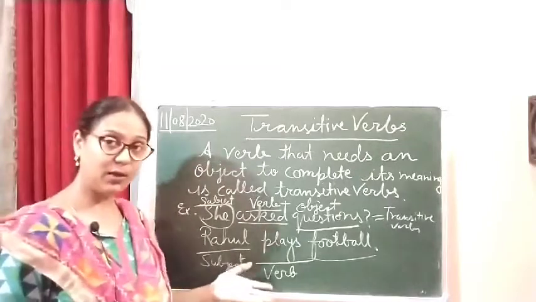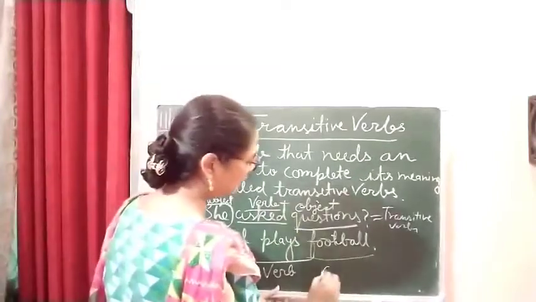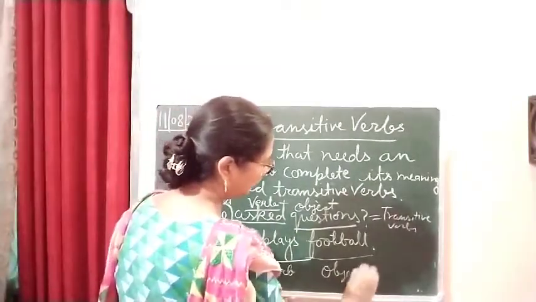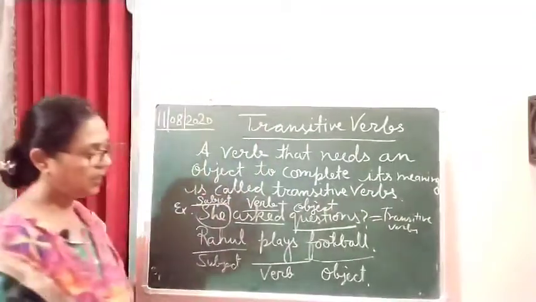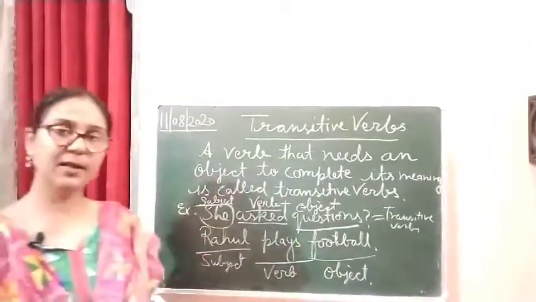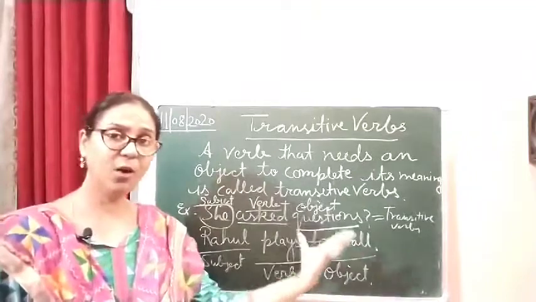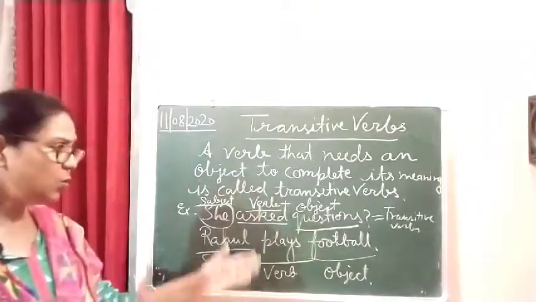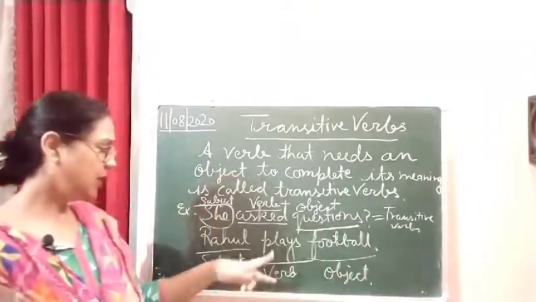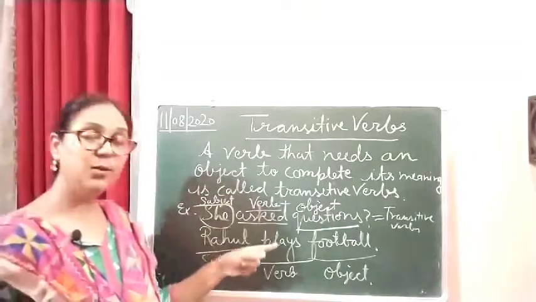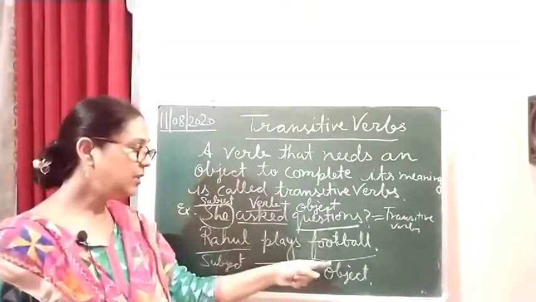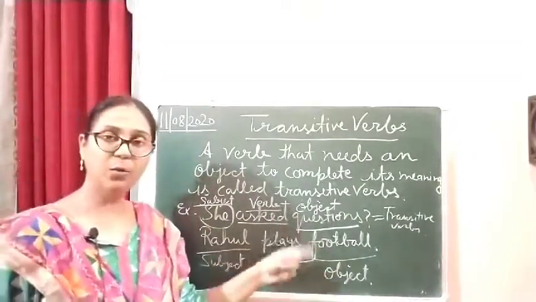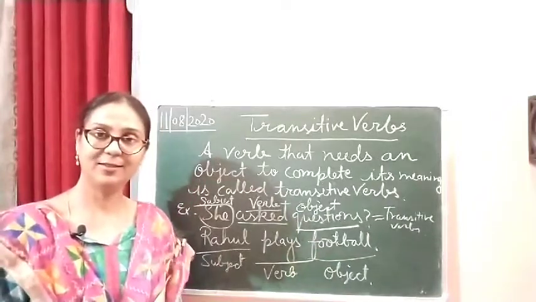That is football. This is the object. First of all, you have to understand what subjects and objects are. Here in two sentences you can see both are verbs, and question and football both are objects.